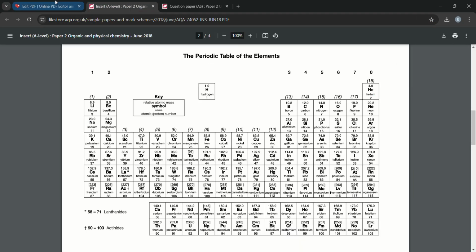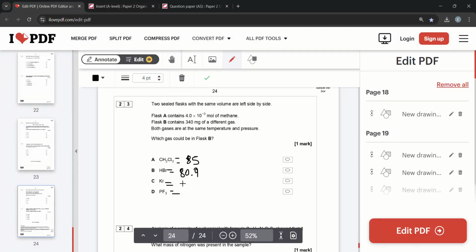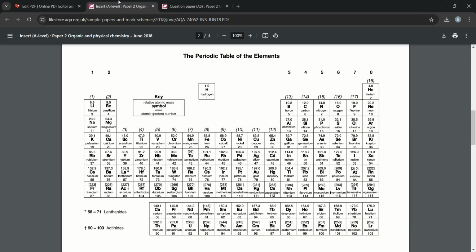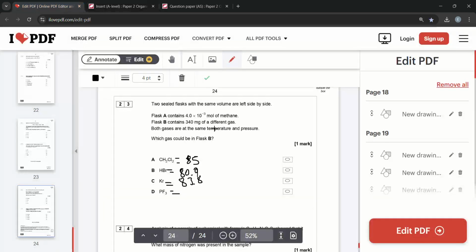Kr, what's Kr? 83.8. PF3, 19 times 3 plus P, which is 31. 31 plus 19 plus 19 plus 19, 88. Now, once I've written down the MRs, which gas could be in flask B?